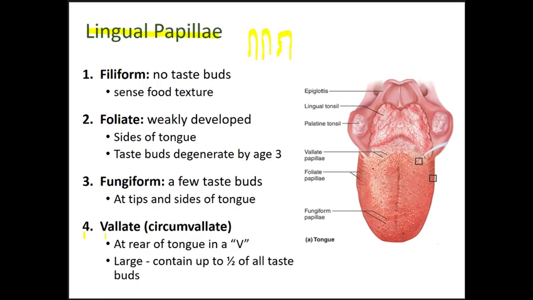They do not have any taste buds as part of them. It is the filiform that do allow you to experience different textures of food. It also gives a bit of roughness to our tongue. Cats have a lot of filiform lingual papillae that contribute to the roughness of a cat's tongue.